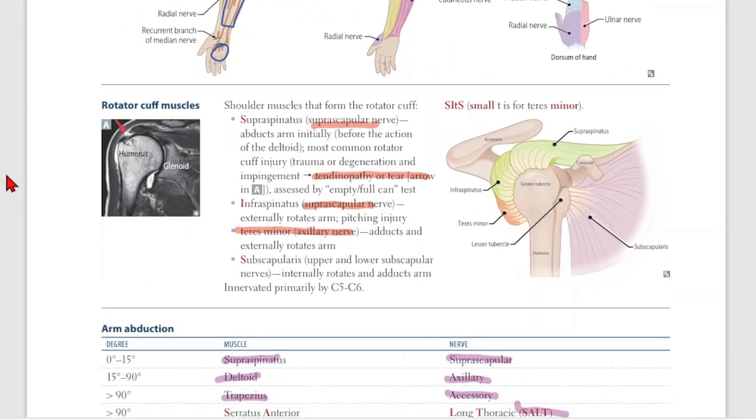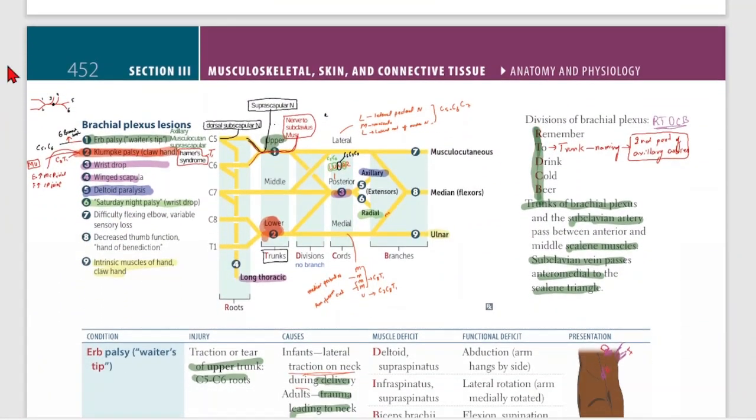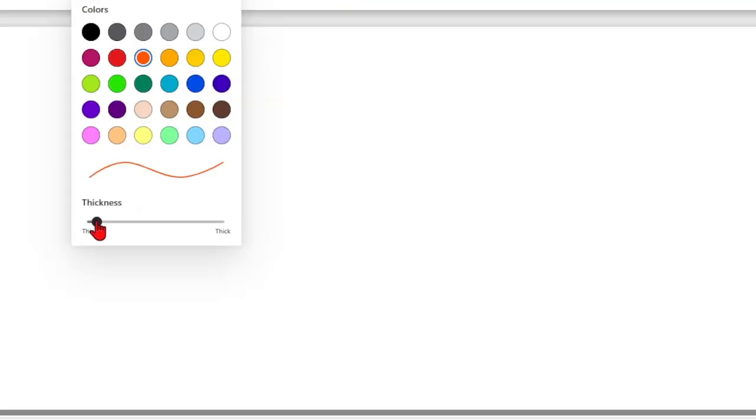Now we will discuss how these nerves arise. You simply have to remember that all these nerves arise from the spinal cord, from the roots C5, C6, C7, C8, and T1.